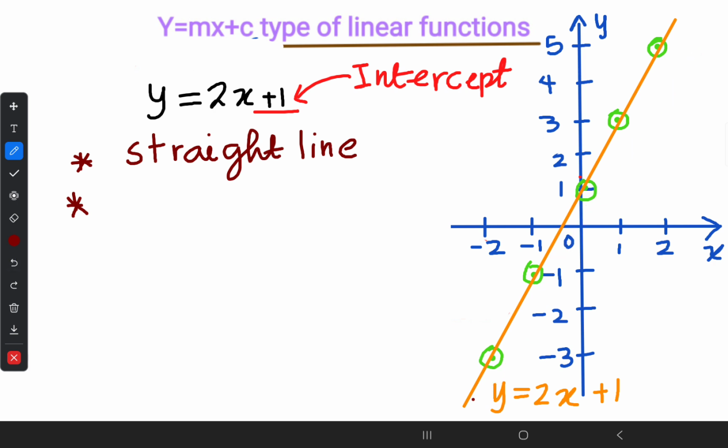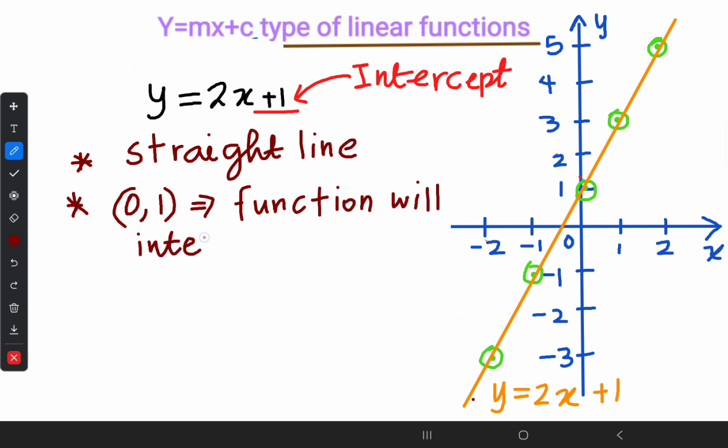If it has an intercept, definitely it should intersect the y-axis at that point. Since the intercept is positive 1, at the coordinate (0, 1), our function will intersect the y-axis. Okay, this is an important thing. If it has an intercept, you should take it into account.